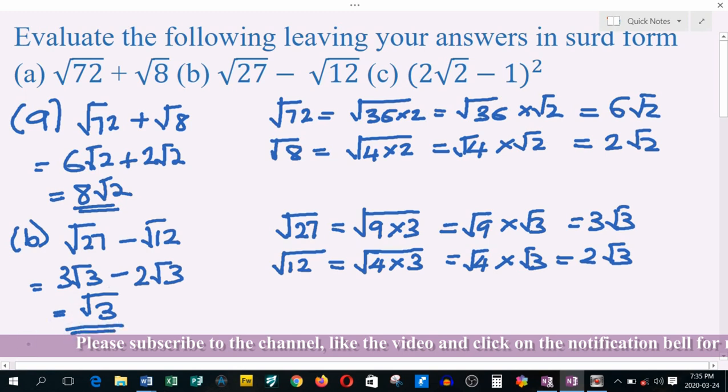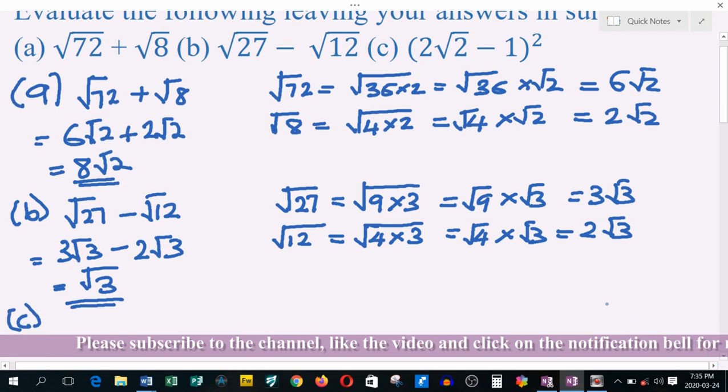So for C, we are asked to expand 2 root 2 minus 1, all squared.